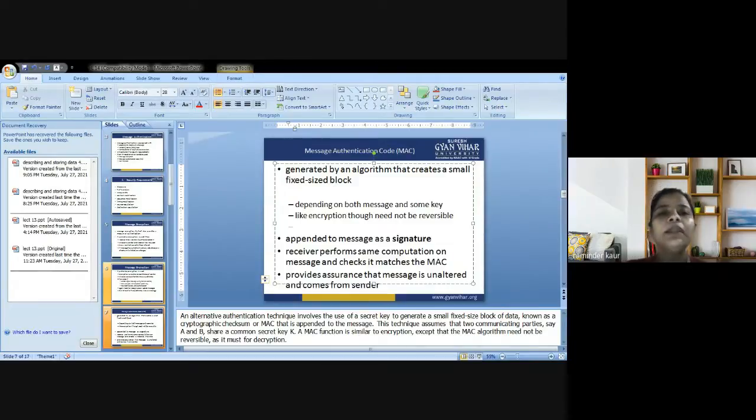Formally, a message authentication system is a triple of efficient algorithms, G, S and V. The first one is key generation, G. It gives the key K on the input, where n is the security parameter. S is the signing algorithm that we are using.